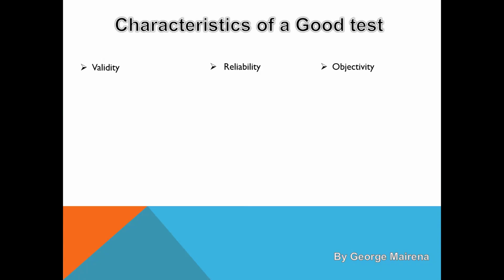And objectivity, folks, remember that here something important is that the results are unbiased, okay, and not influenced by the evaluator. For example, if we talk about the multiple choice test, remember that this is objective, okay? An essay graded by the teacher is less objective, right?